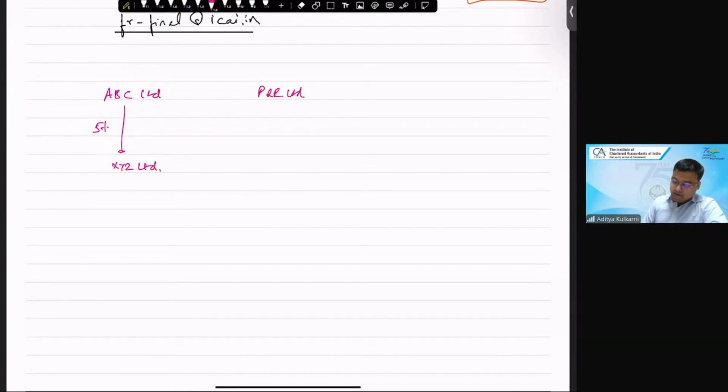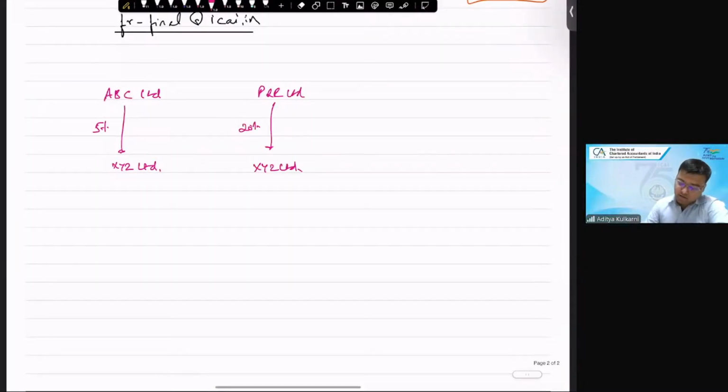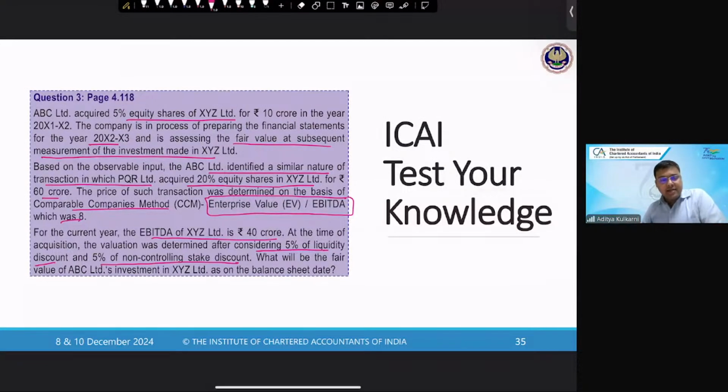PQR Limited acquired 20% shares in XYZ Limited for how much? For rupees 60 crores. Are you able to understand?